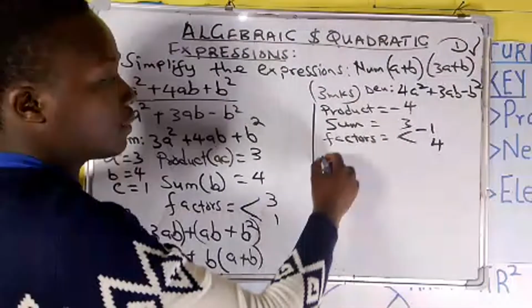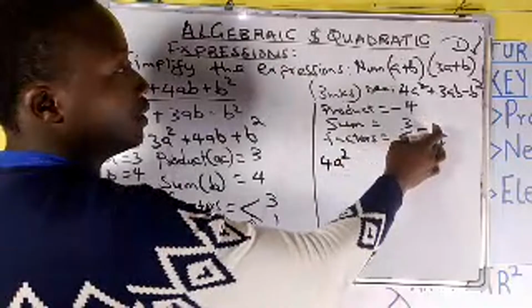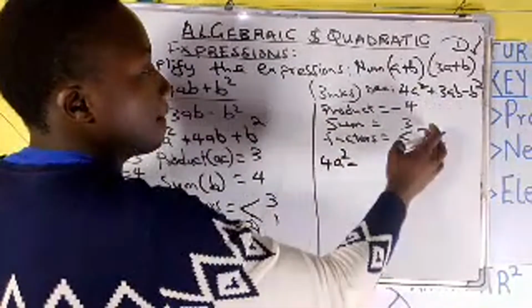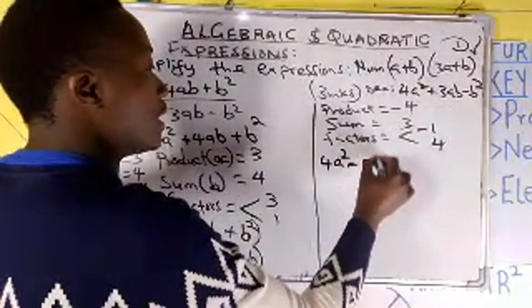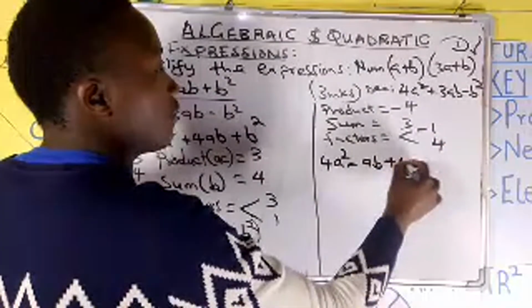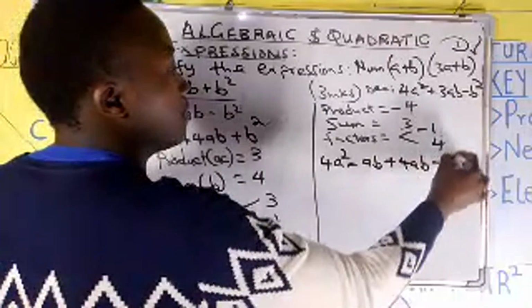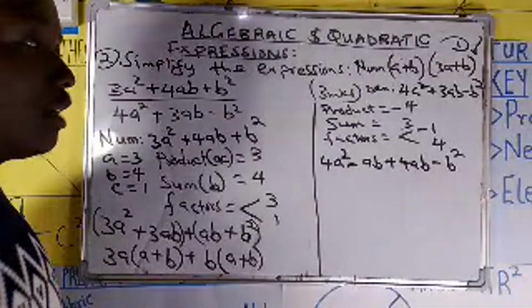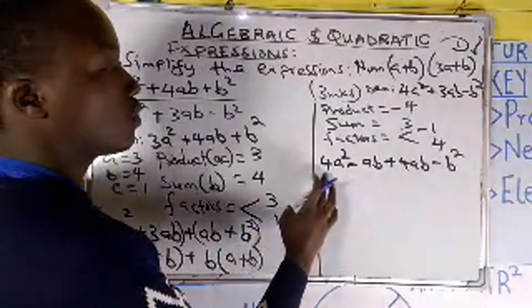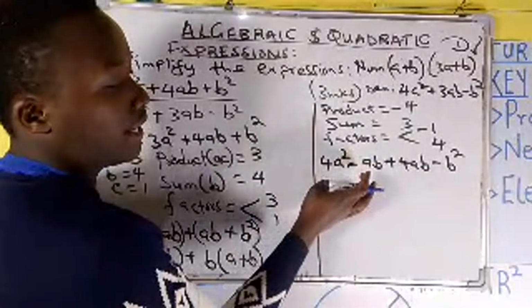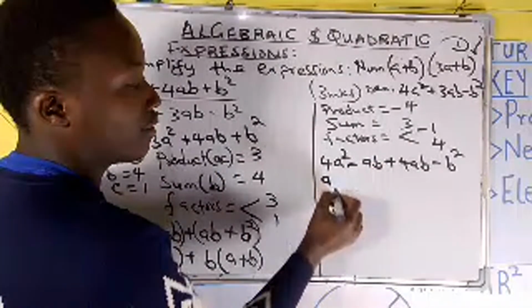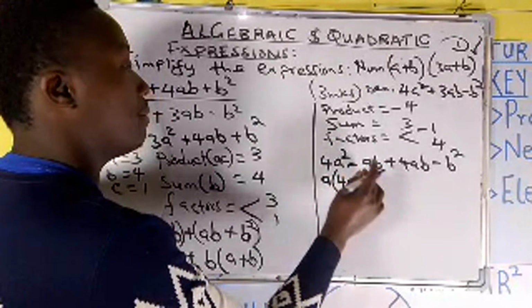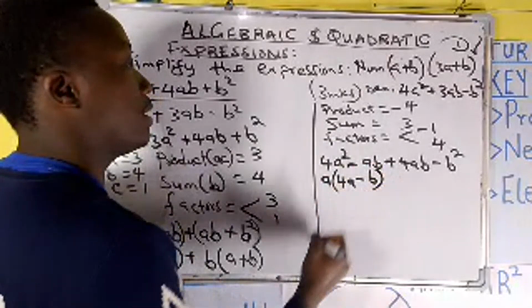So after we get that, we can now take 4a squared. We now replace 3ab with minus ab, then plus 4ab minus b squared. And once we have that, we can now factorize by grouping. The common factor between 4a squared and ab is a, so in the brackets we have 4a minus b.